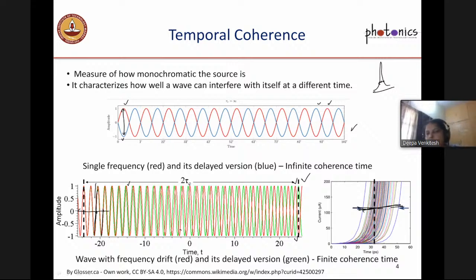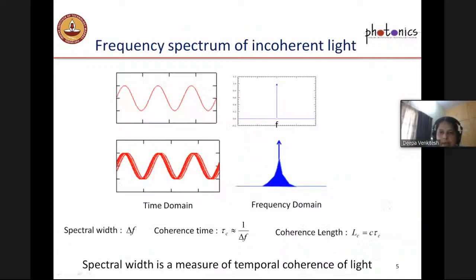So what is the consequence of this phase changing? How do you quantify that? The way it can be quantified is through the frequency spectrum, right? So we come back to the same example. This is a pure sinusoid. In the frequency domain, it is a single frequency. I'm taking only the positive frequency component.